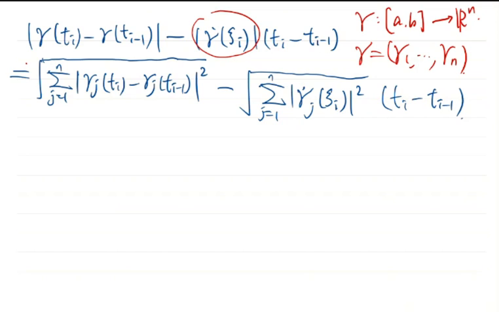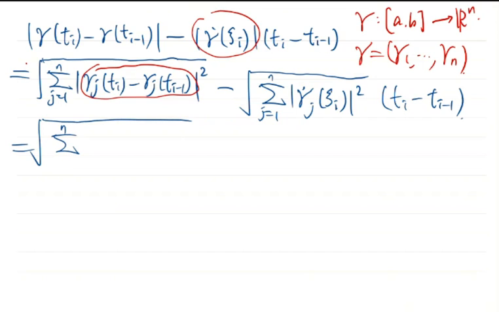Now for this, gamma j is the jth component of gamma. So we can apply the Lagrange mean value theorem because now it is a real valued function. This can be written as gamma j dot at the middle point between ti minus 1 and ti. So this point, of course, might be denoted by eta i.